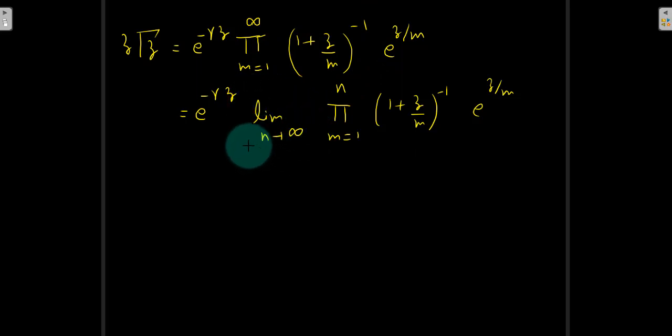Here, if this limit exists, it means that we are going to take a sequence of partial products. As in the case of convergent series, in the same way we study convergent infinite products also, and in the case of convergent infinite products, the sequence of partial products must be convergent.